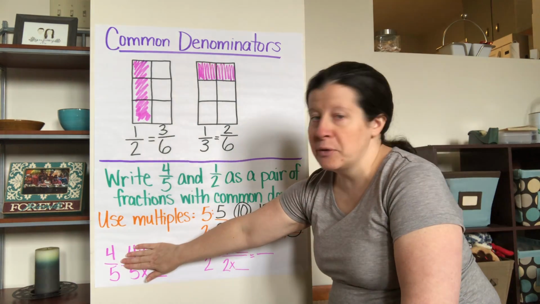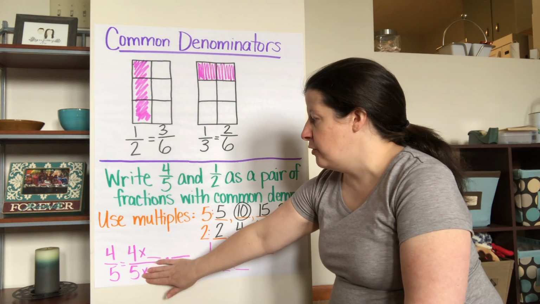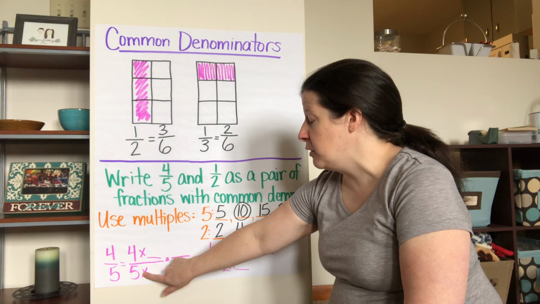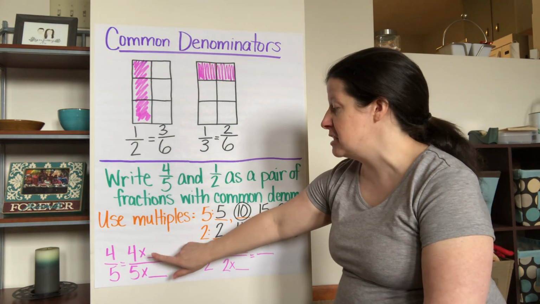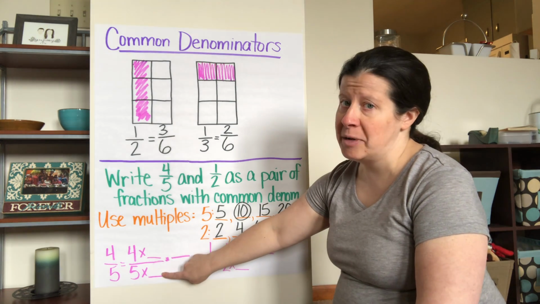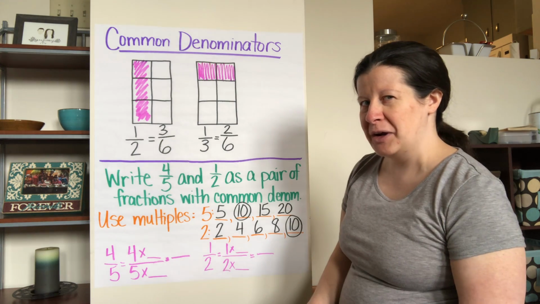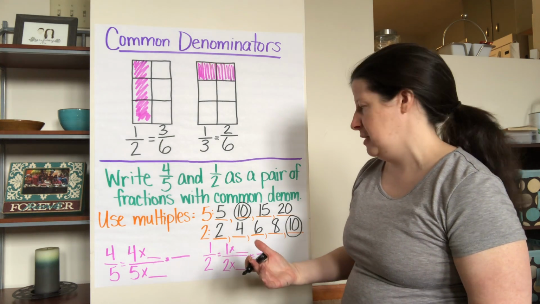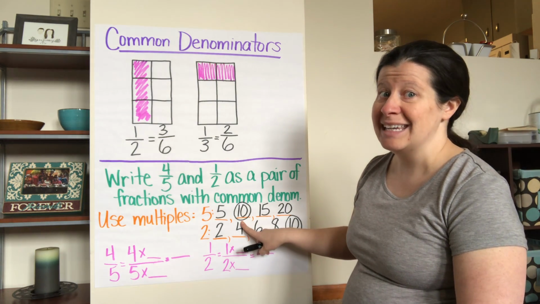So, down here we have 4/5 that we're starting with. We have 4 over 5 here for our 4/5, and we have to multiply, remember, we're making equivalent fractions, both the numerator and the denominator by the same number. So here's how we're going to figure out what number we need to multiply them by. We know that its denominator needs to be 10.